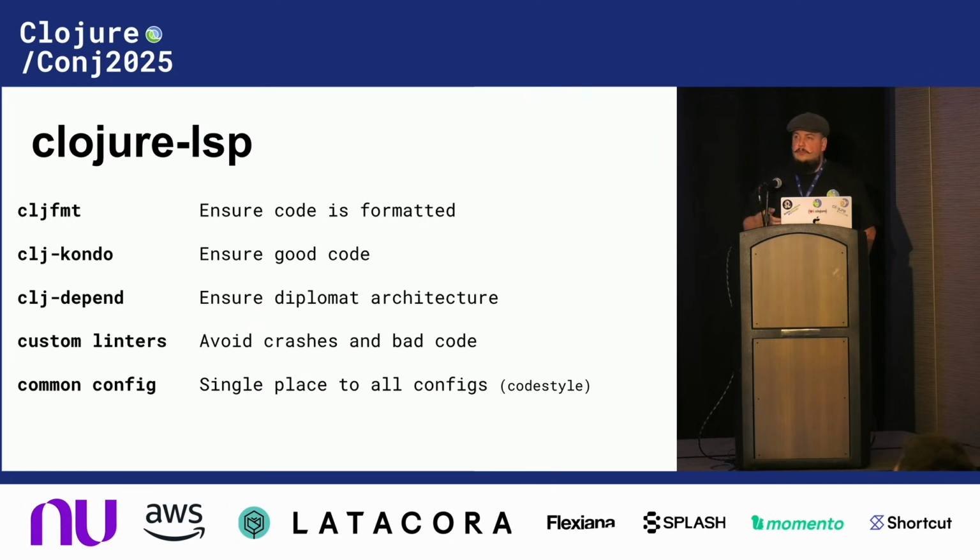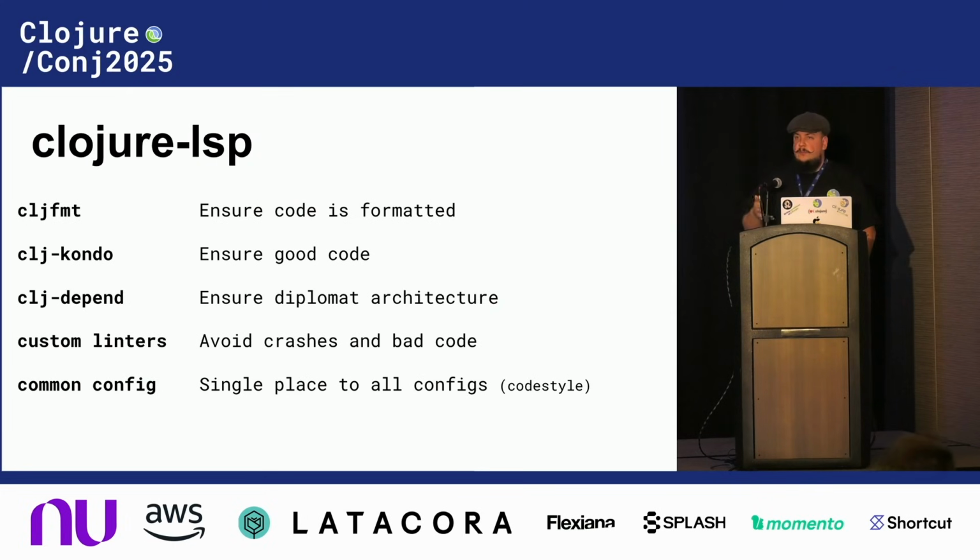CLJ-kondo to do static analysis of your code. CLJ-depend is a library to ensure that you can put rules about which namespace can depend on other namespaces. This way you can ensure that your code base is following the architecture design that you want.